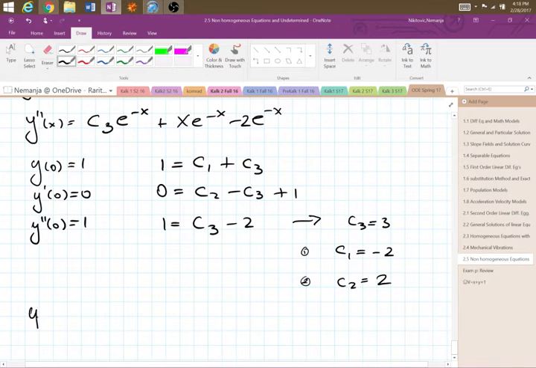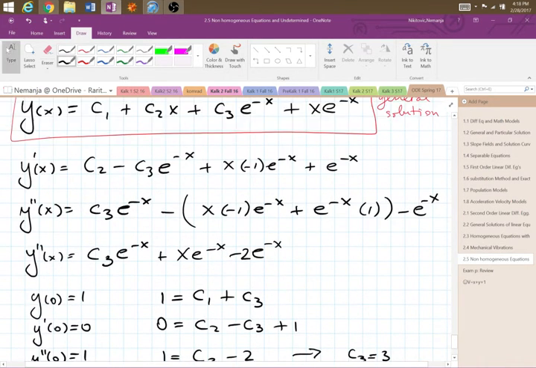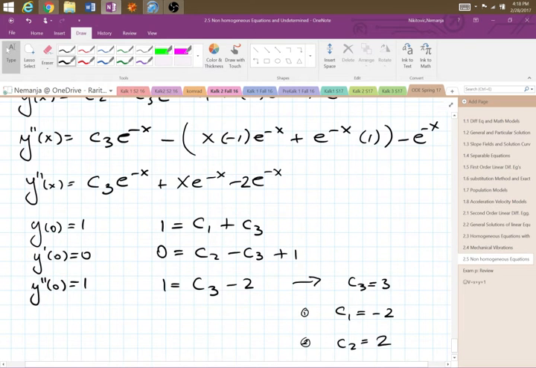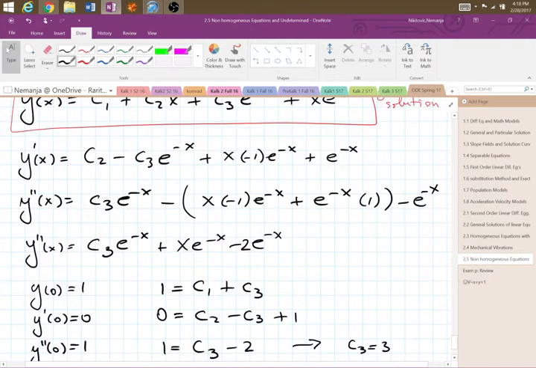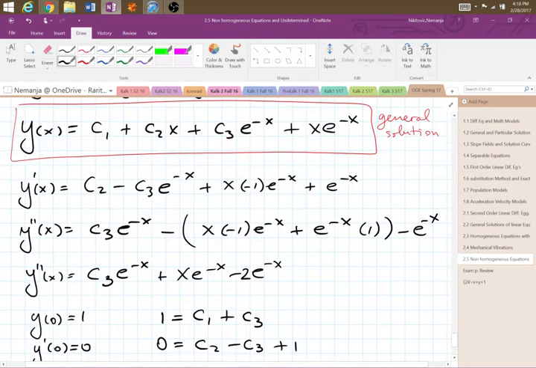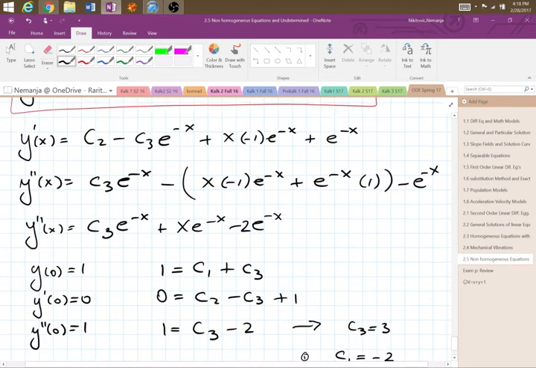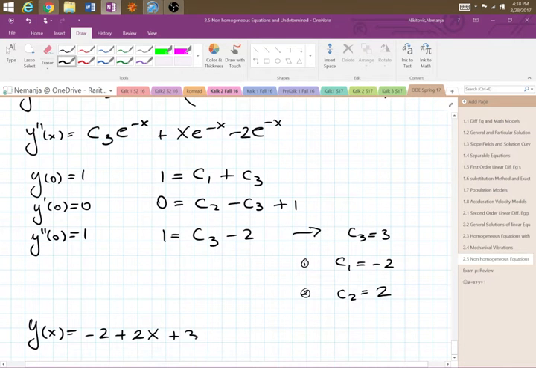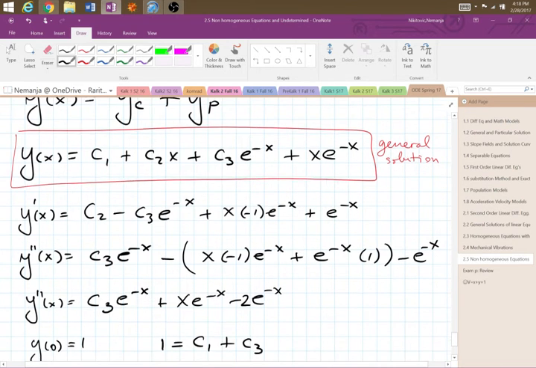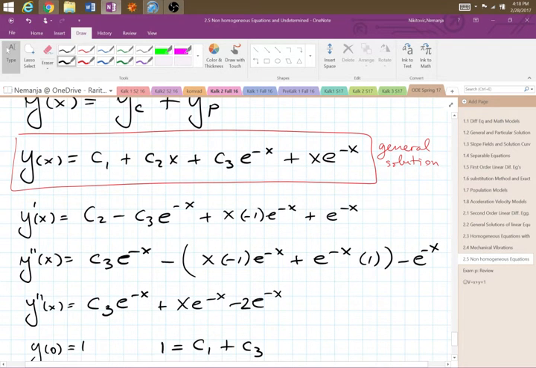So we can finally write the particular solution, the full particular solution, and that's C1, which is negative 2, plus C2, which is 2, is that 2x? And then C3 is 3, so plus 3 e to the negative x, and then plus x e to the negative x.